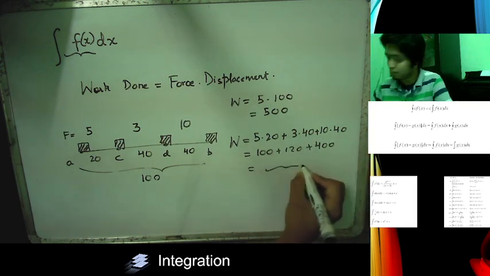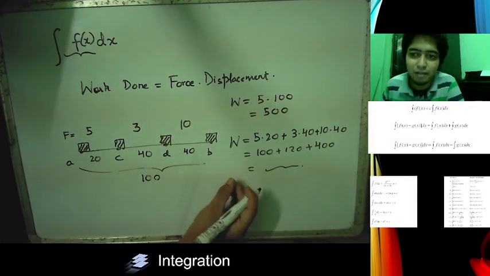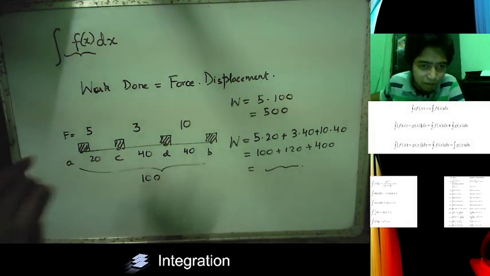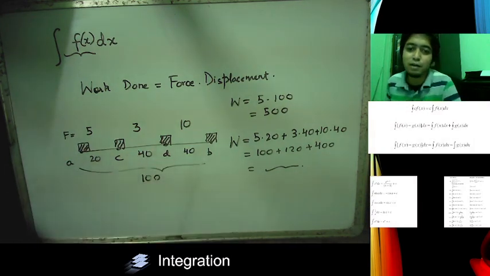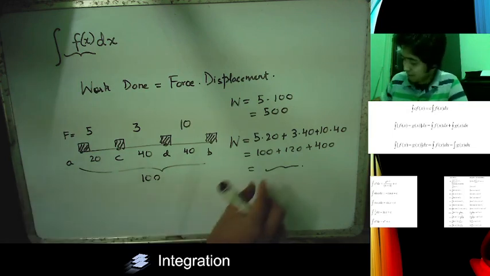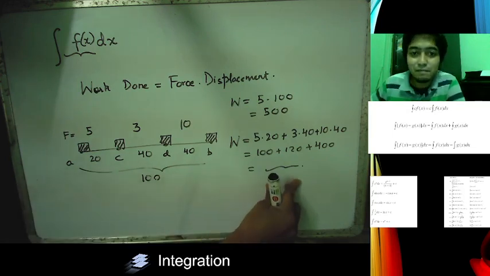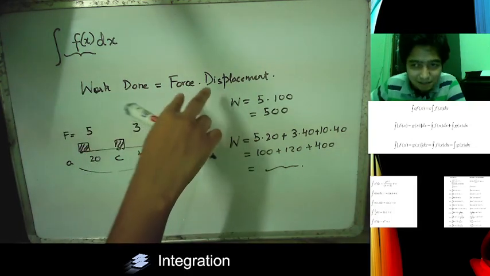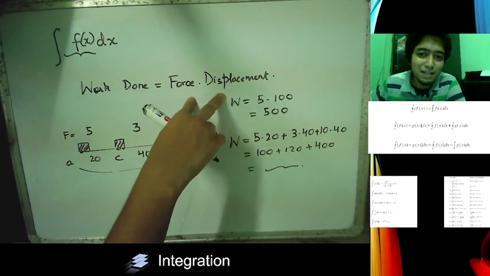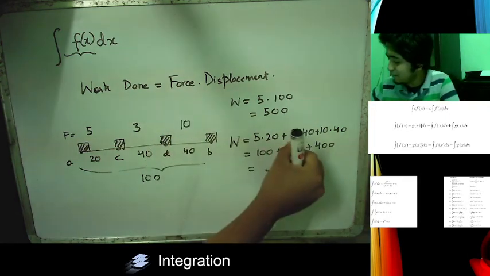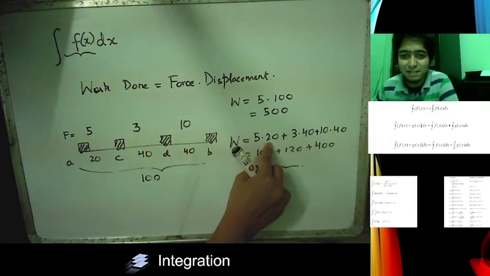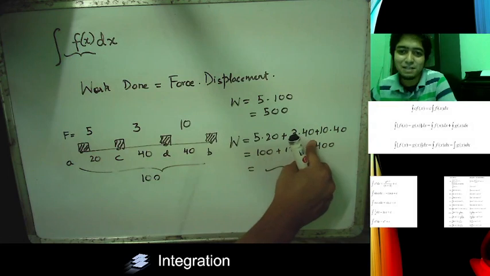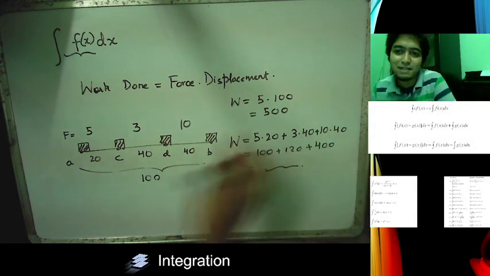You can add this up to get the total work done in moving the object from point A to point B. Coming back to this, you see that the work done is no longer just force times displacement, it's actually a sum: force times displacement plus force times displacement plus force times displacement.